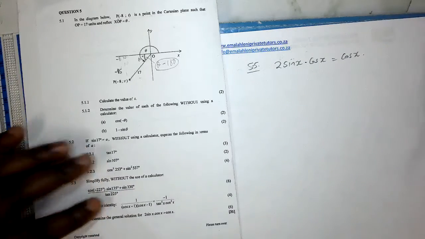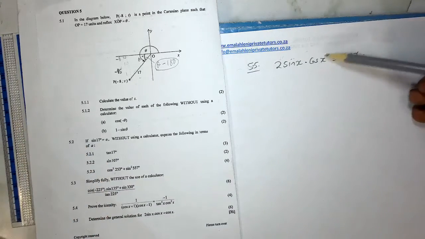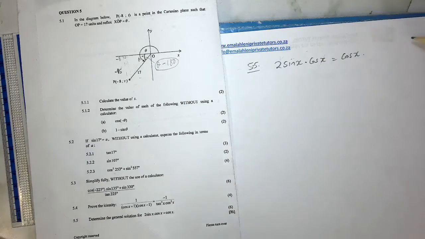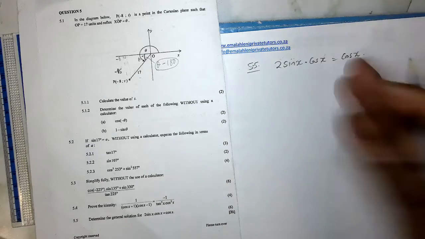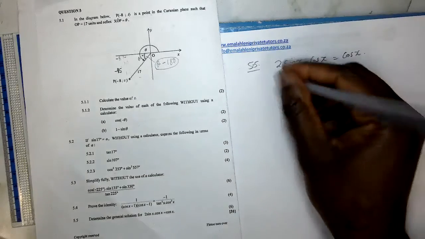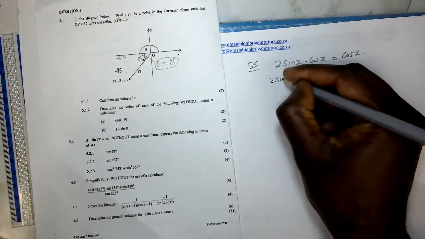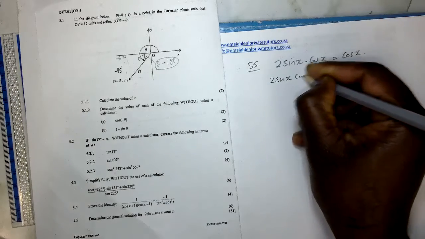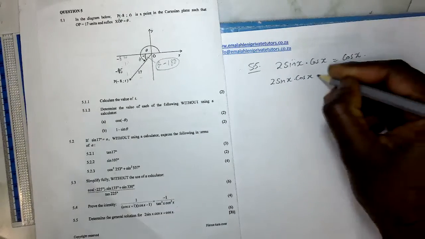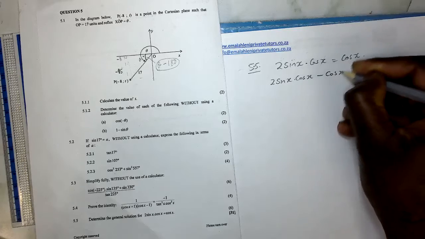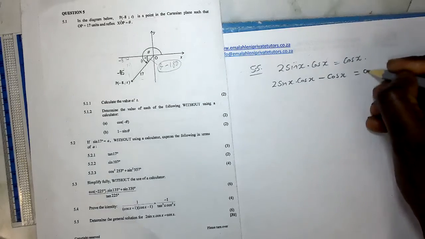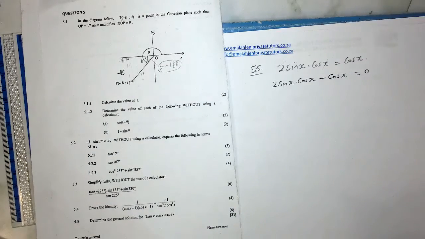Now, you can be tempted to say, let me just cancel cos. But please, here, you must bring your cos to this side. You have 2 sine x cos x minus cos x is equal to 0. So this is more like factorization.